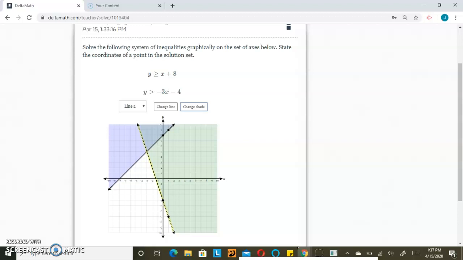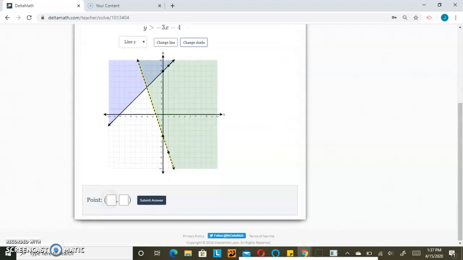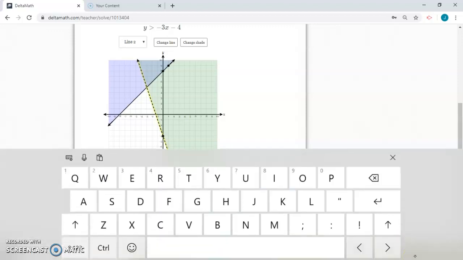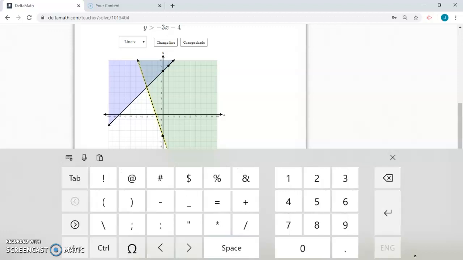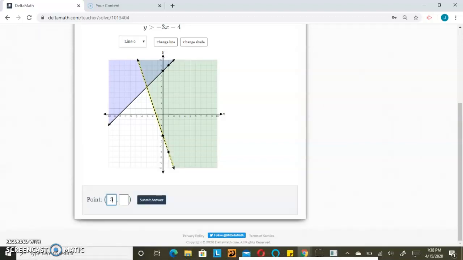Say I pick the point negative 3, 7. Negative 3, 7 is in this section where my two shadings overlap. So I'm going to go down here. There's not one correct answer, right? There are many correct answers. So I go to my keyboard and I want negative 3. I can't see it, so I didn't put my negative sign in there.